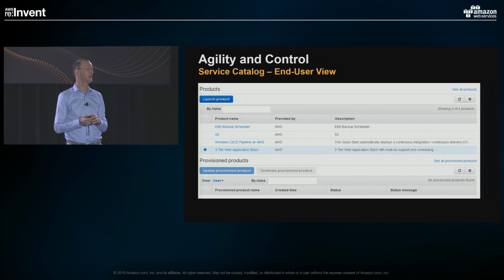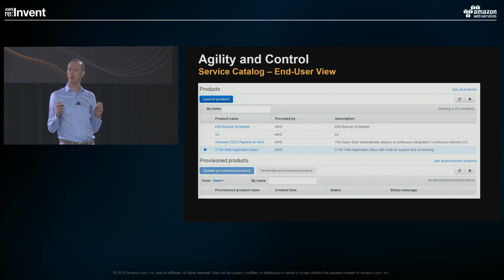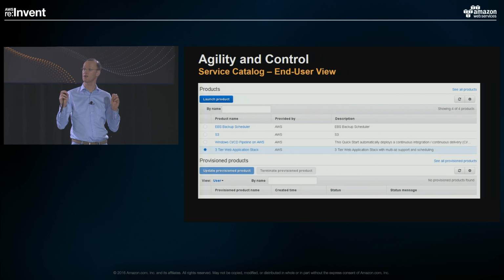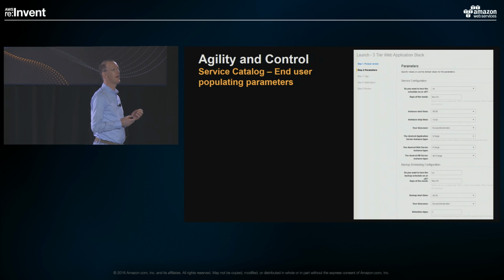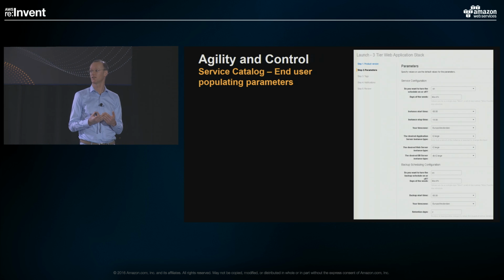Quite simple products. She's going to launch a 3-tier application stack. As part of the launch process, the first question Becky is asked is to provide a couple of parameters. These are the parameters that the administrators have made available in the CloudFormation template.